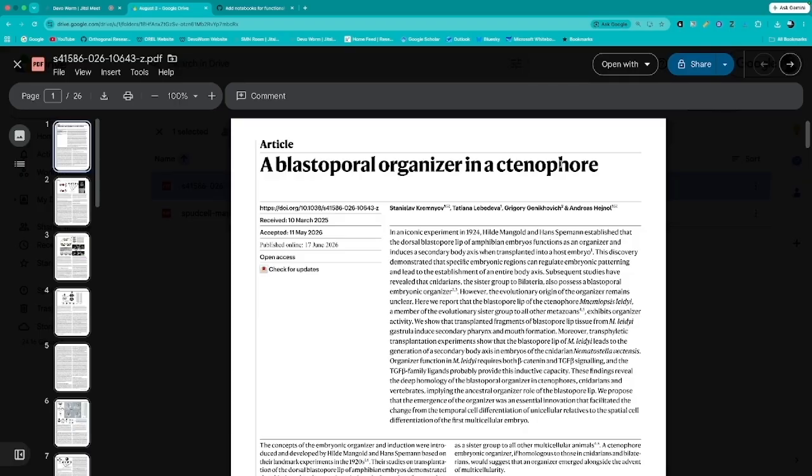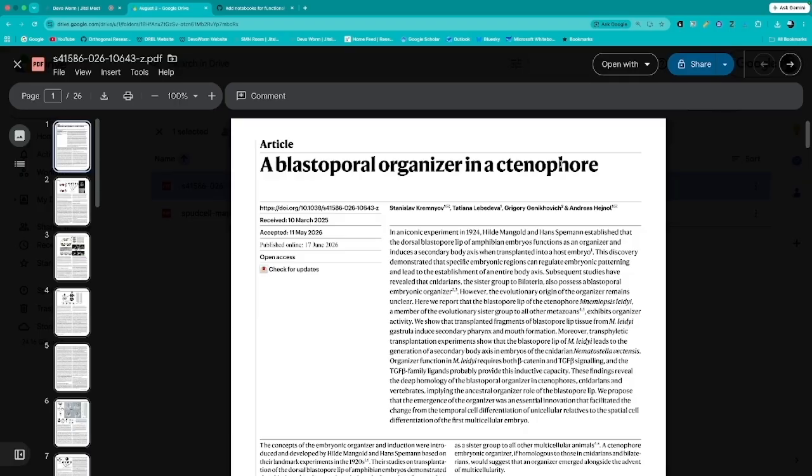And so what they talk about in this paper is that we think about the organizer as being something that you see in bilateria. All of the examples of Hox genes, for example, a lot of the model organisms for developmental biology are mostly in bilateria.